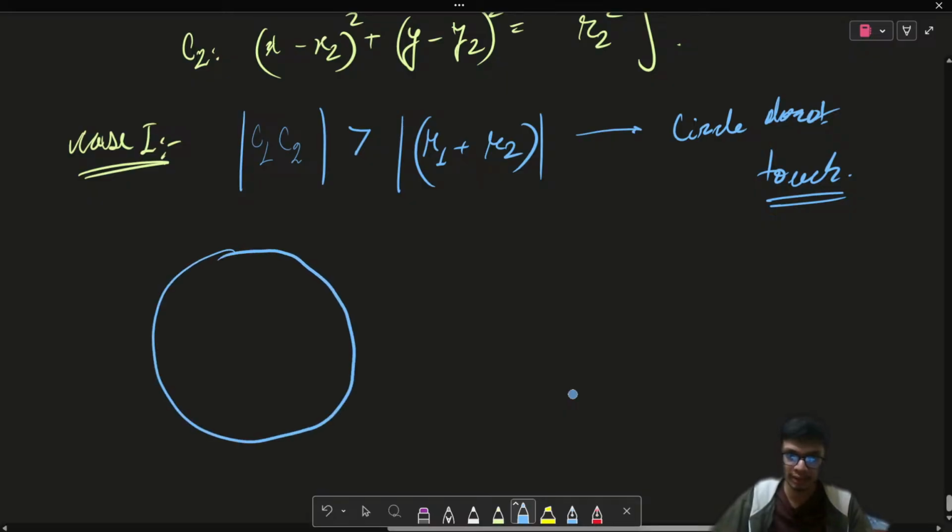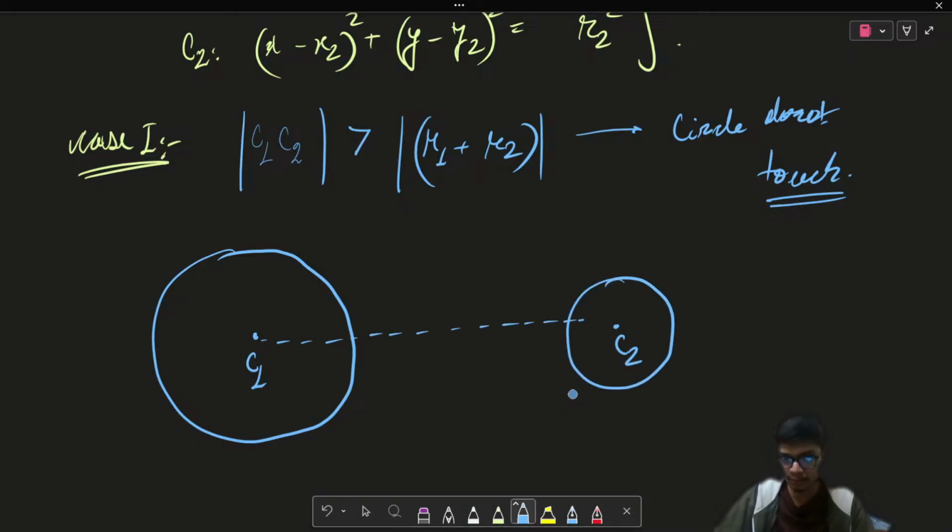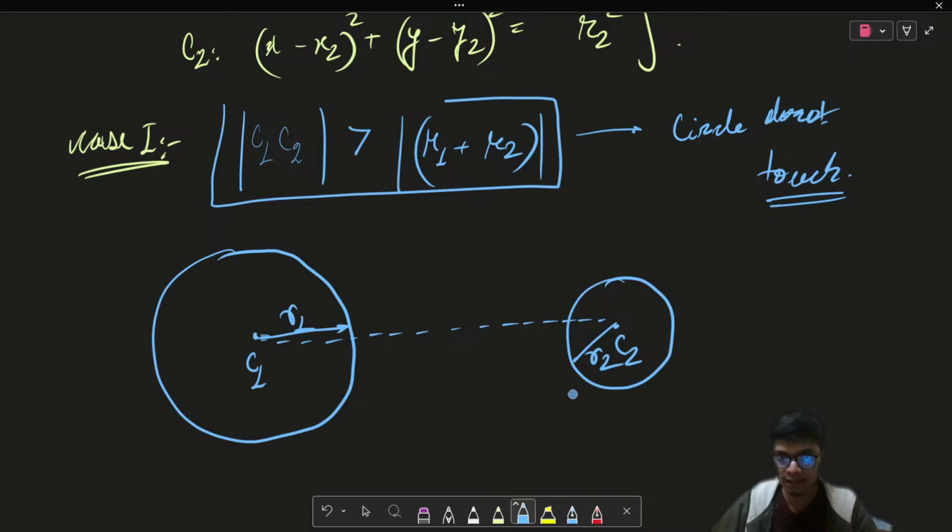If I try to draw it, let us say this is C1 and let us take another circle, C2. The center to center distance is greater than the sum of the radii R1 and R2. From here we can easily say that if this condition exists, then the circles never intersect each other.